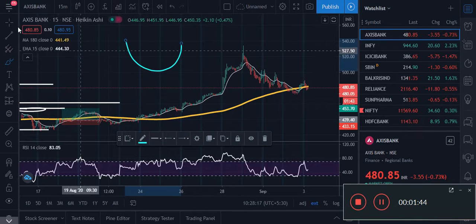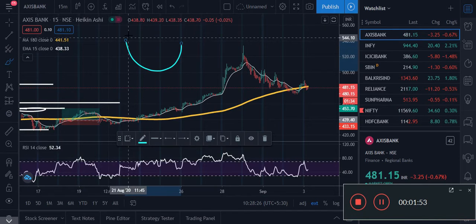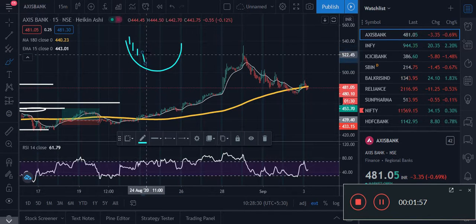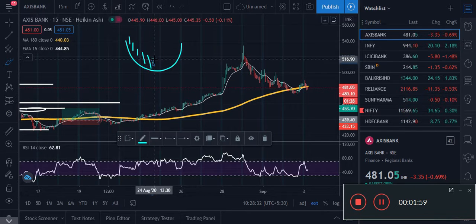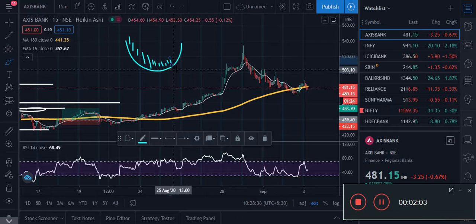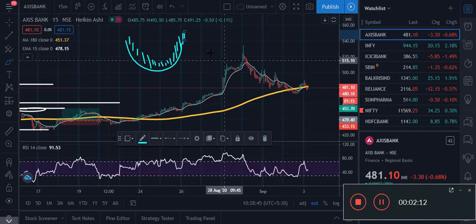That helps us understand that there is a reversal coming, and usually this is how it happens: the stock falls and falls until it reaches some extent where it's trying to reject. It's not able to go further down, so the price starts increasing and just starts shooting up. That's what happens basically.